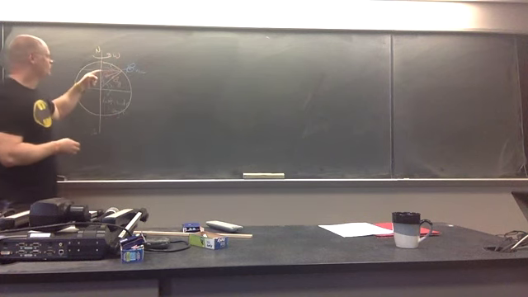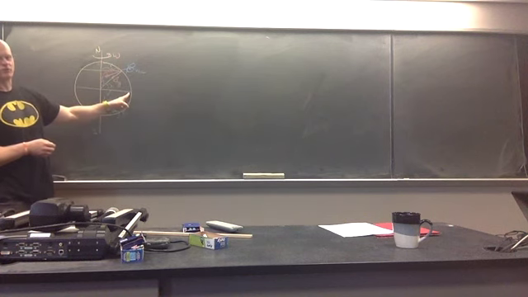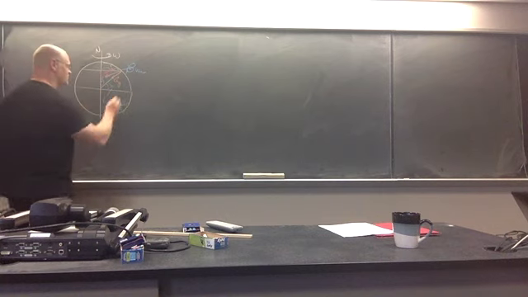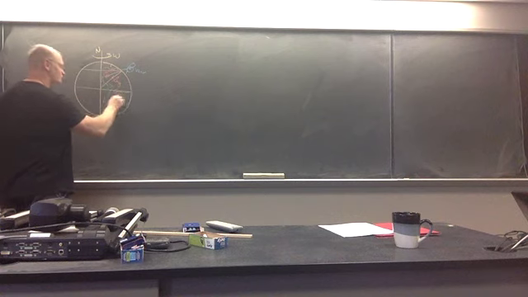So this is going to have the greatest effect when I'm at the equator, not the poles. When I'm at the equator, the acceleration due to gravity will be towards the center of the Earth, so this would be g.